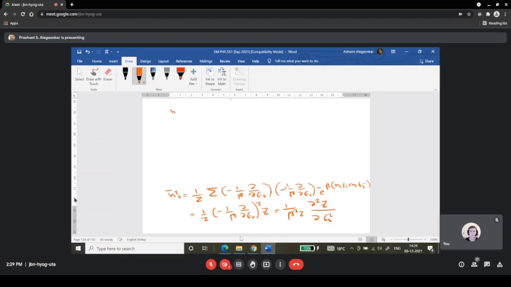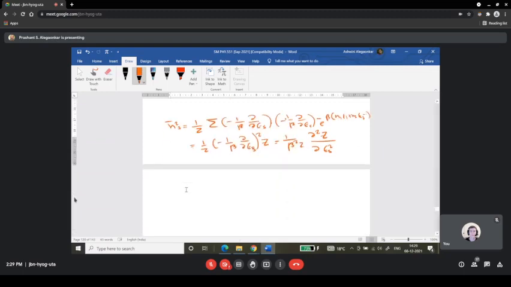Okay, this is s, not r. And we will call this relation number 8, and then we can put it in a more convenient form.